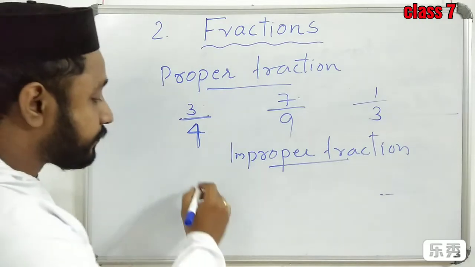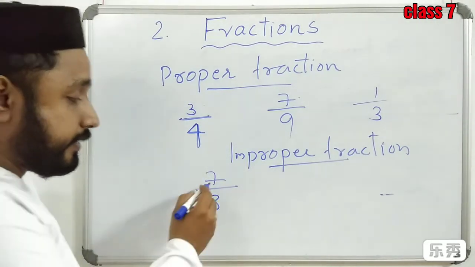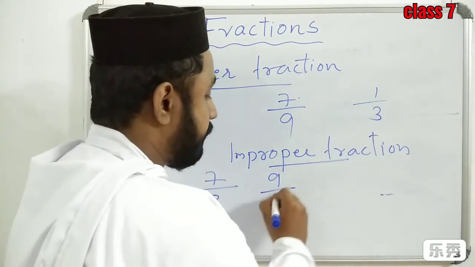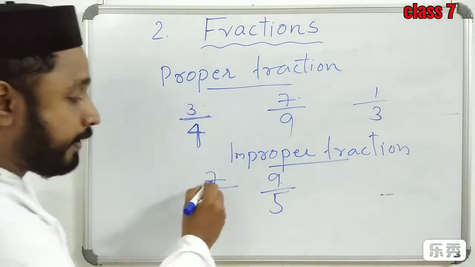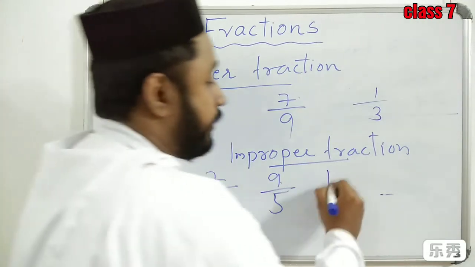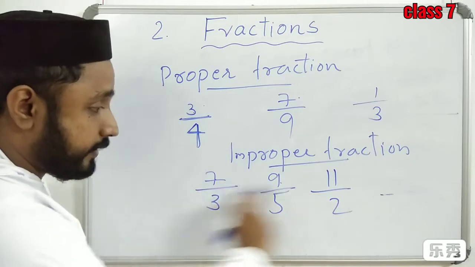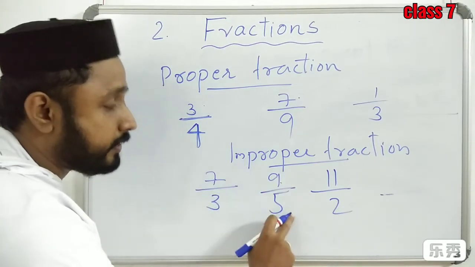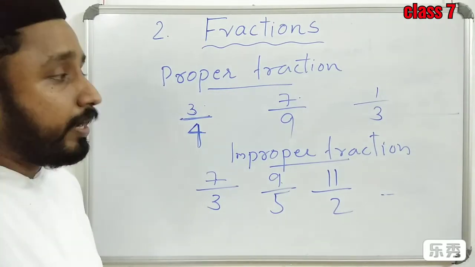For example, 7 by 3, here 7 is bigger than 3. 9 by 5, here the numerator is bigger than the denominator. 11 by 2, which is bigger? The numerator. So in these cases, numerators are bigger than the denominators, and we call these improper fractions.